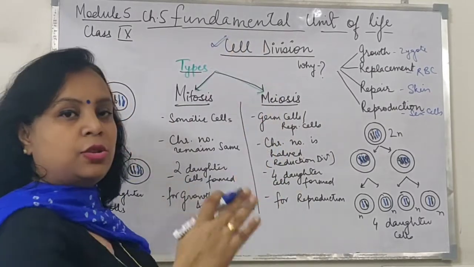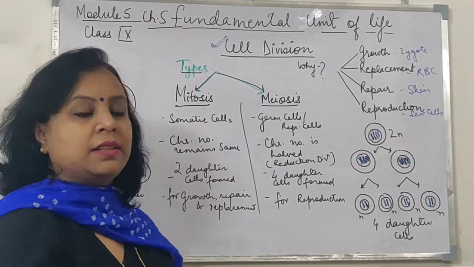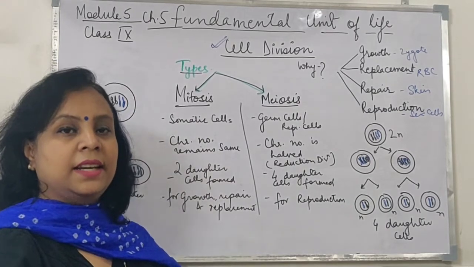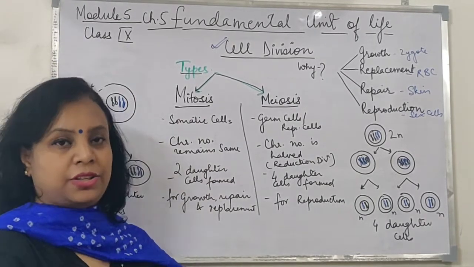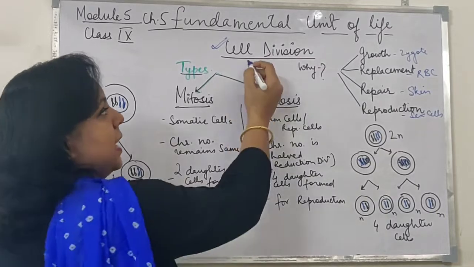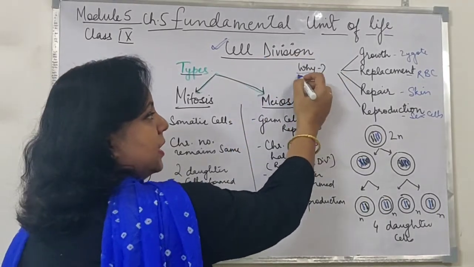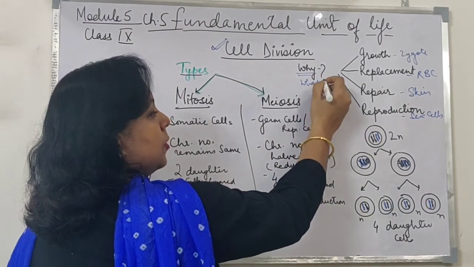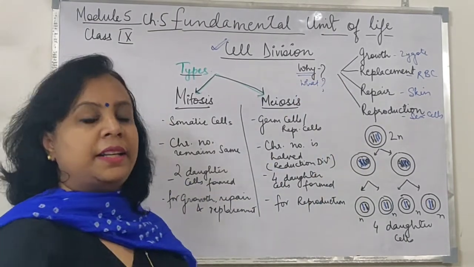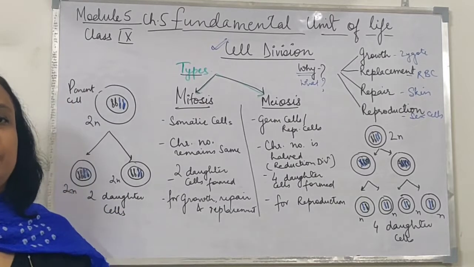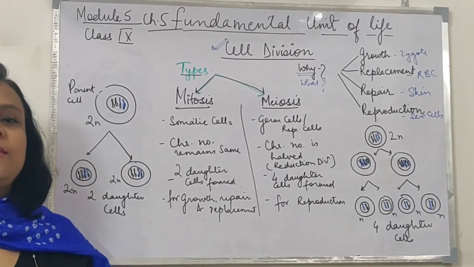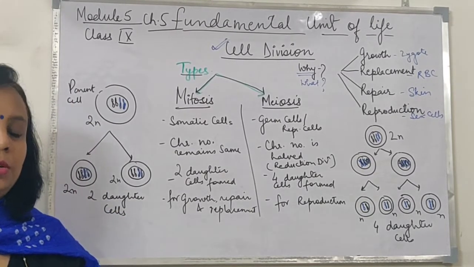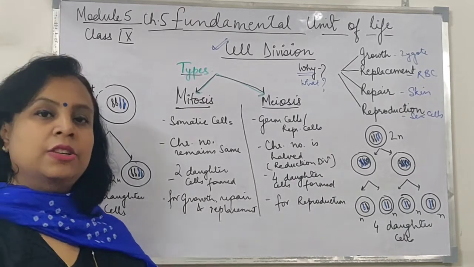A cell needs to divide, but the cell cannot divide just like that. It needs some preparation. So before cell division, what occurs? We have understood why. What occurs? The nuclear material. We have seen the nucleus in our previous module, and the role of the nucleus, that it is a control center.